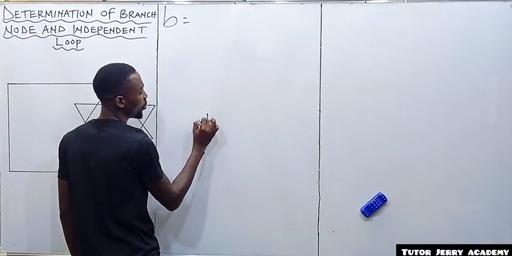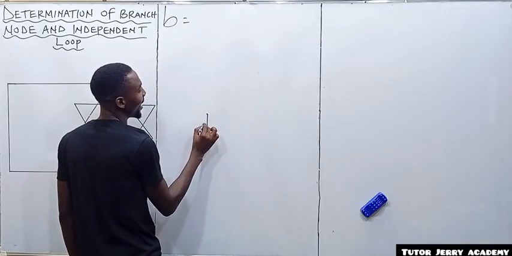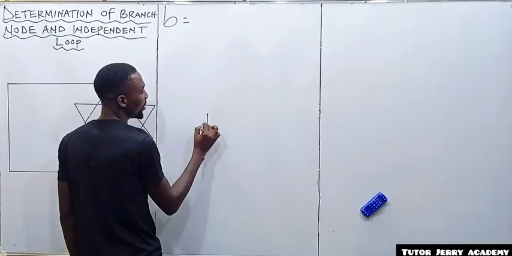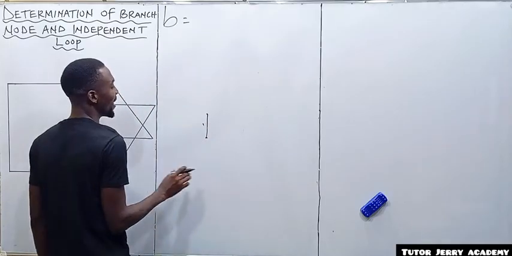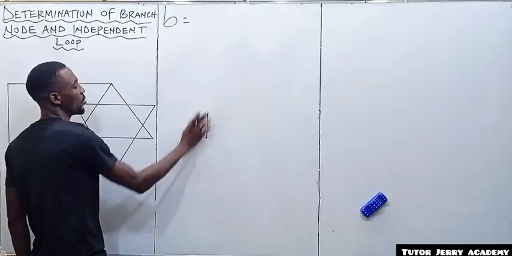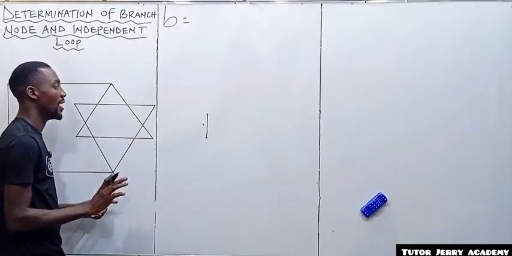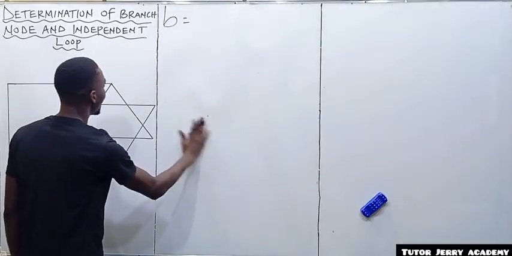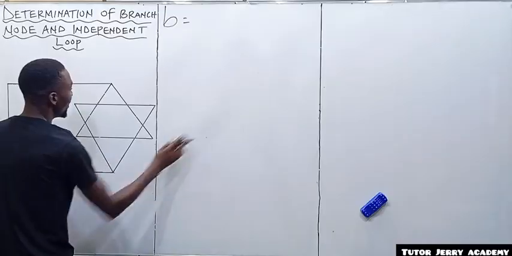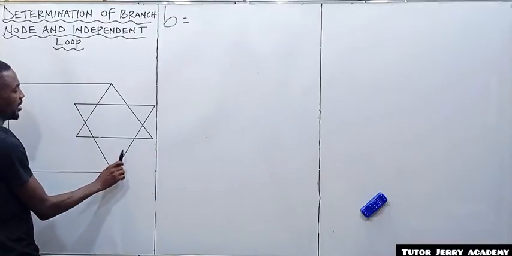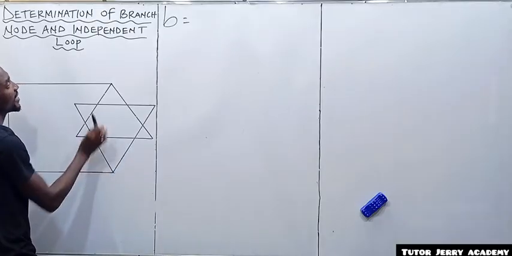In between these two terminals is either a resistor, a voltage source, or a current source. So you must note that in between these two terminals there is always a single element. It means that each of these lines will represent our branches.